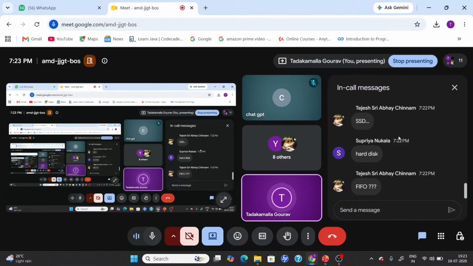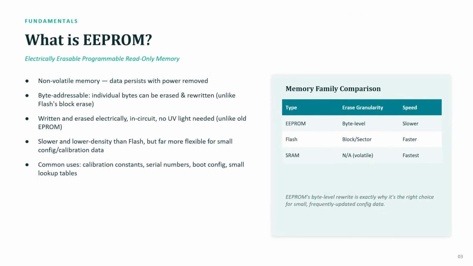Even if you remove the power source from that device, it should store all that information permanently. So in that case, you can think of using a non-volatile memory for storing your important configuration data. And for volatile memory, you can think of small caches and small RAM.